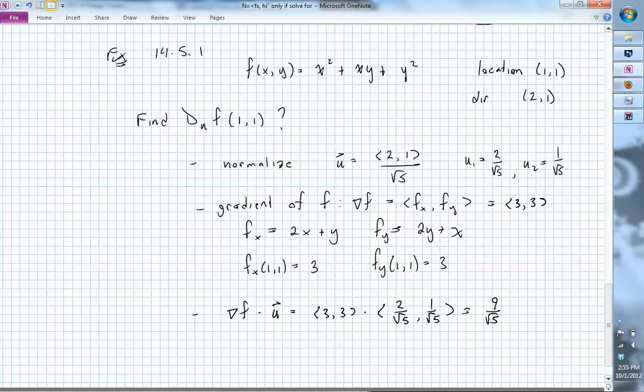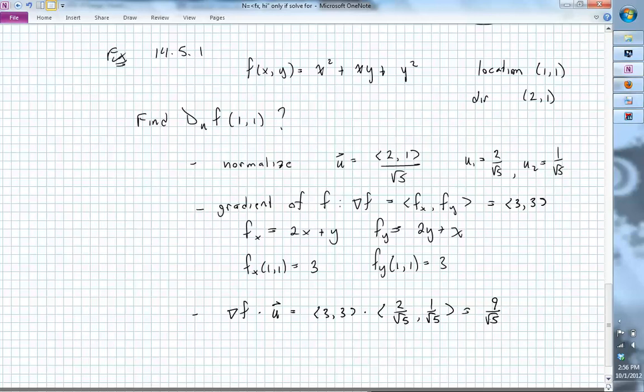Okay, so I go to 1, 1 again. I point myself in the direction 2, 1, and I look up at the surface. Is it rising or falling? Why? Because it's positive. Is it rising particularly quickly? I don't know. Depends on what you think is particularly quickly.